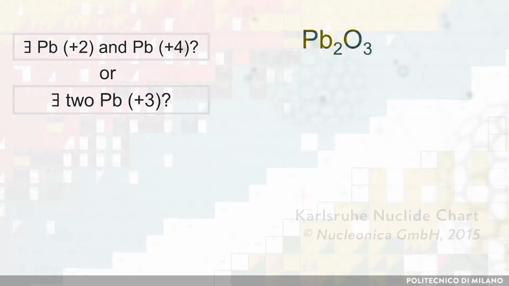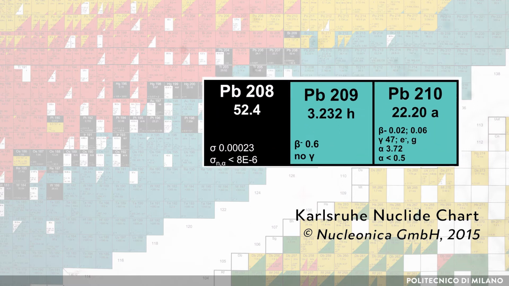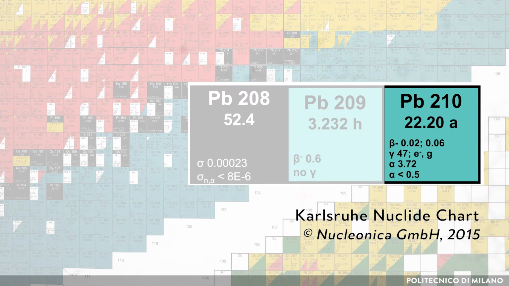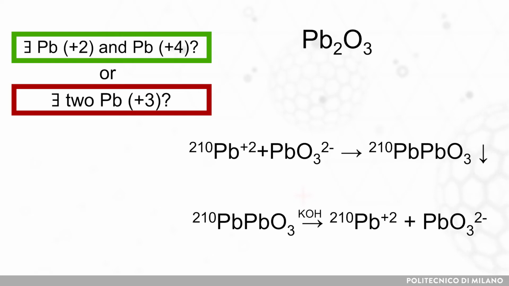The experiment was performed by substituting 1 lead atom with the radiotracer lead-210 with oxidation number +2. The formation of the compound with the radiotracer and its decomposition confirmed that lead in the compound has both oxidation states, +4 and +2.